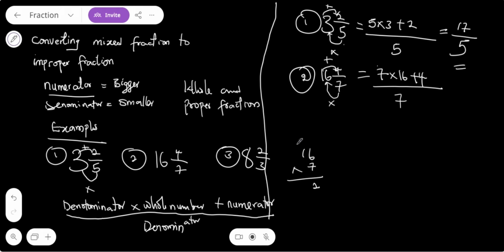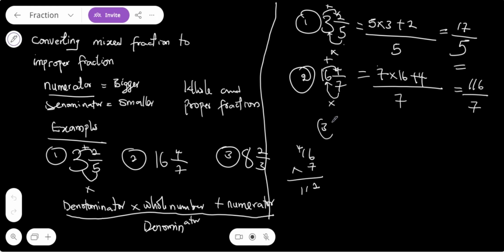We have 2 carry 4. 7 times 1 is 7 plus 4 is 11. So 7 times 16 or 16 times 7, whichever way, is 112. 112 plus 4 is 116/7. Clearly, this is an improper fraction. 116 is bigger than 7. So we have converted the mixed fraction to improper fraction.